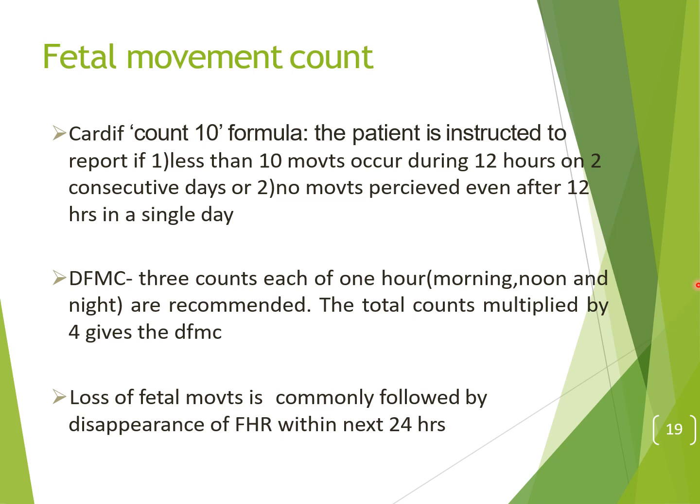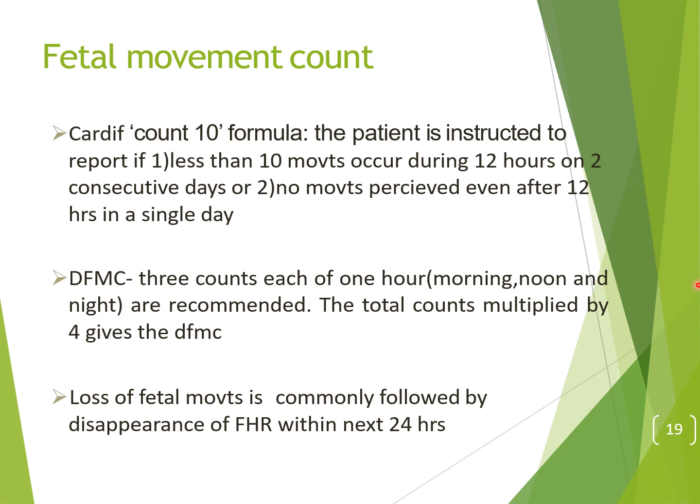In 12-hour time, if she is getting less than 10 movements, and if it is happening continuously for 2 days, or if she is not at all able to perceive even a single movement in 12 hours in a single day, this has to be reported. This is an abnormality. Normally, in a day, she will get minimum 10 movements, and if it is not there, it suggests problems.